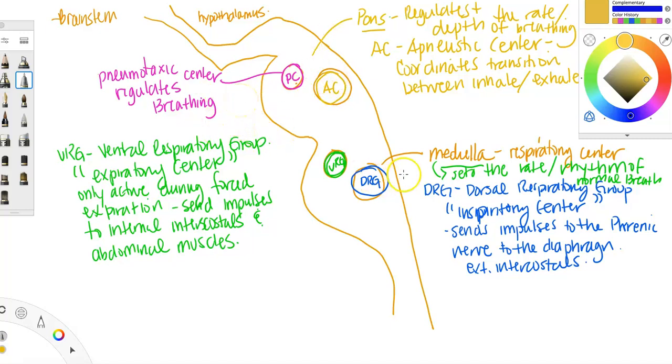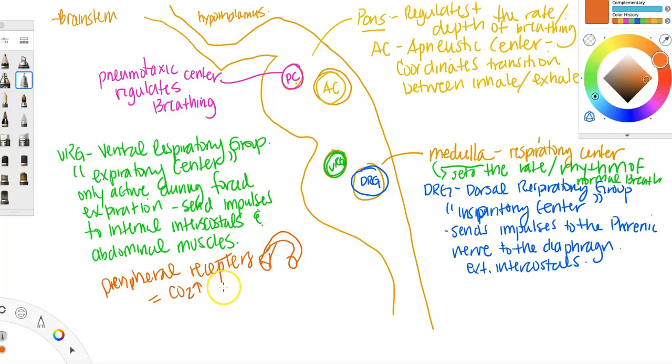So we have things like peripheral receptors in things like vessels. And these receptors pick up things like increase in CO2 or increase in hydrogen or something like that, and that will feed back to the brainstem. Okay.